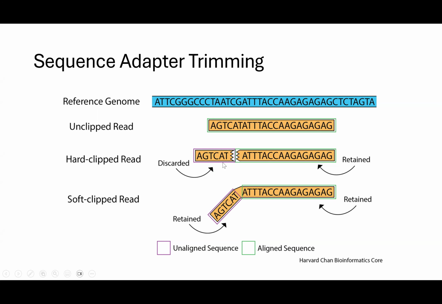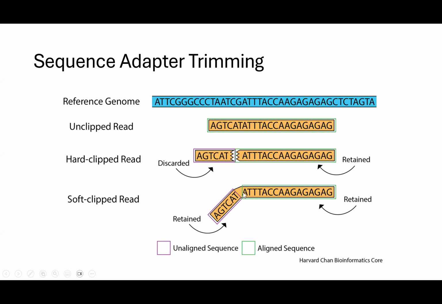Depending on what settings you give to Bowtie or to BWA, you can have this hard clipping where it completely removes this part. That would usually require you to tell it what the sequencing adapters are so that it can remove them, and then you'll have an alignment of the rest. If you, for some reason, didn't remove the sequencing adapters, you can also do this soft clipping, where you tell Bowtie that there might be something on the edges that we want to leave.